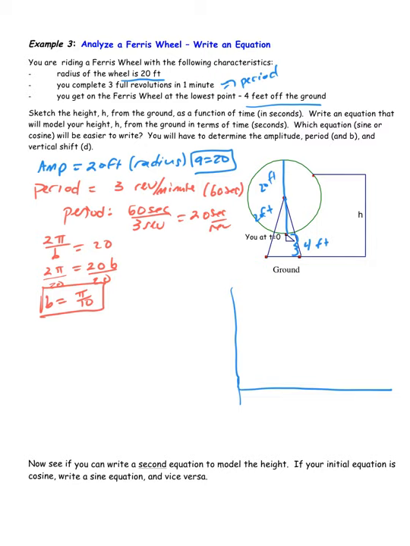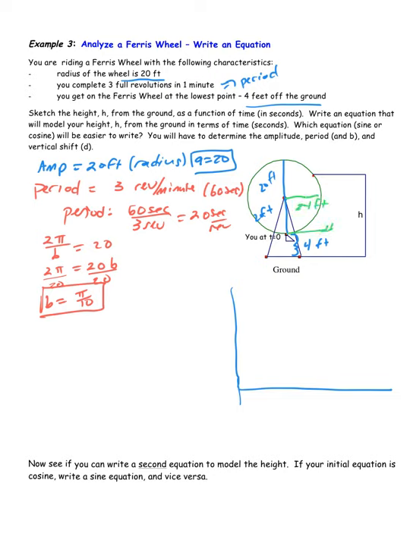The other thing that we like to know for this function is the vertical shift, and we can figure that out. So since we know that we're 4 feet off the ground plus 20 feet, that's going to be where our midline is. So our midline here is going to be at 24 feet.